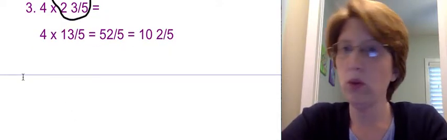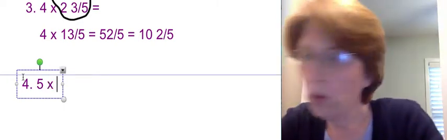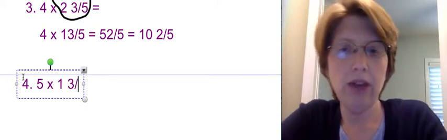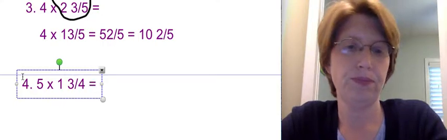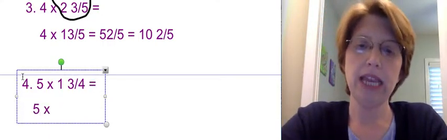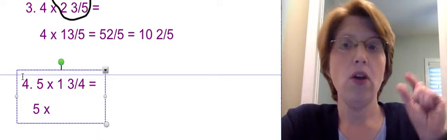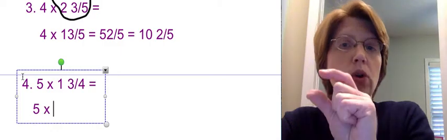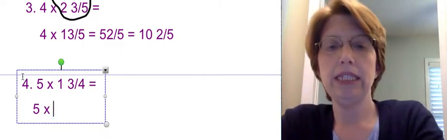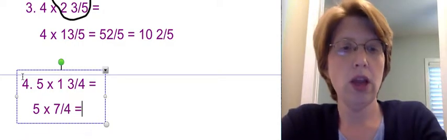Okay, number 4. 5 times 1 3/4. We're going to keep the 5 the same, and we're going to change the mixed number. Start at the bottom. 4 times 1 is 4, plus 3 is 7. Bring over that denominator, which is 4.